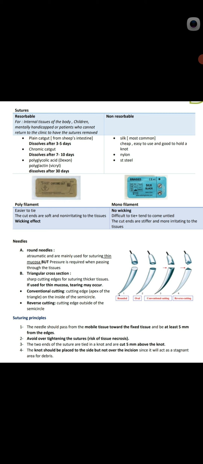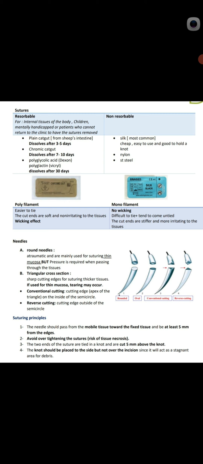Now the resorbable suture types. The first is plain gut, which is a natural suture taken from sheep intestine, and it dissolves after 3 to 5 days. Second is chromic gut, again a natural suture, and it dissolves after 7 to 10 days.